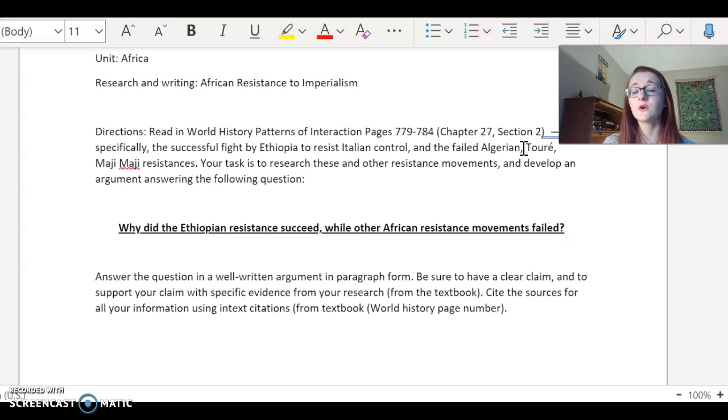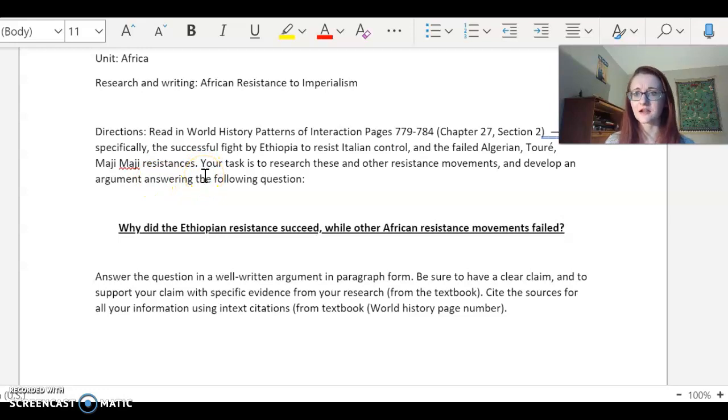The section you really want to focus in on, and I think it starts on 780 or 781, there's a red header that says African resistance. That's what I would spend most of my time actually reading through. And that will talk about the successful fight by Ethiopia, as well as the failed Algerian, Touré, and Maji-Maji resistances.